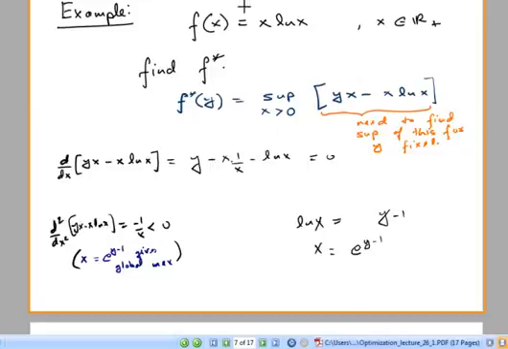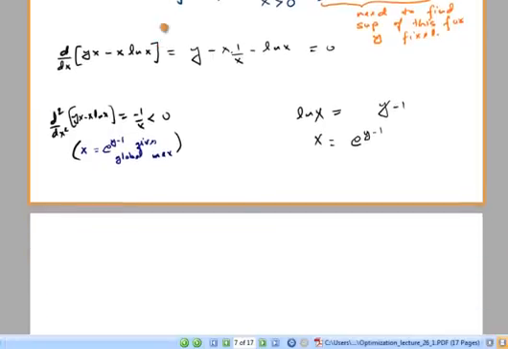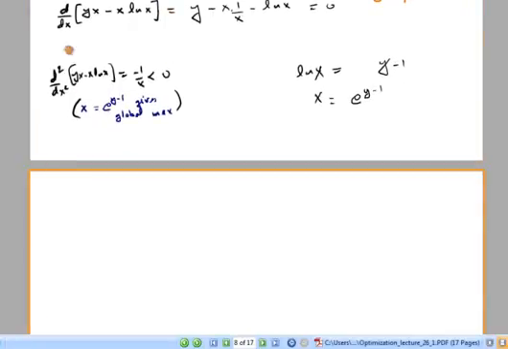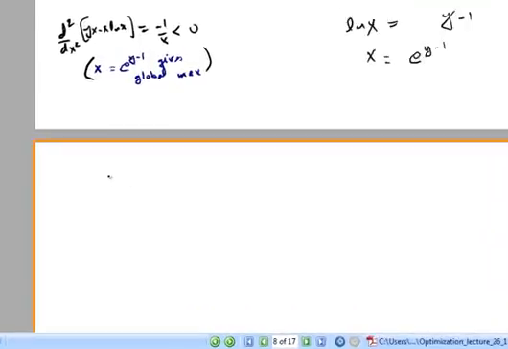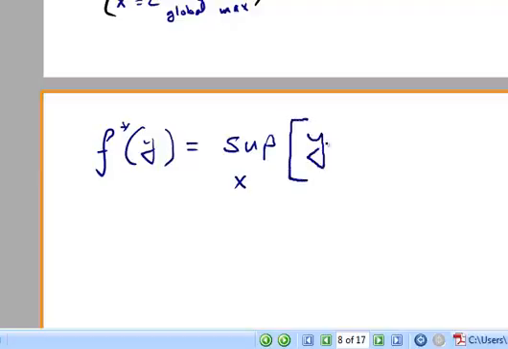So therefore, what do we have? That f star of y is equal to the supremum over all x in the domain of yx minus f(x).